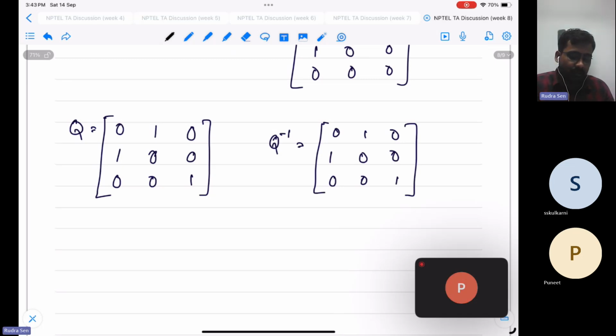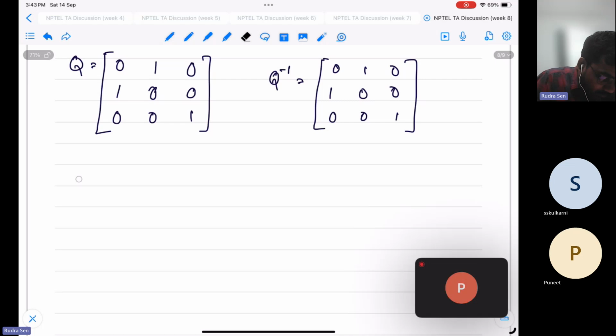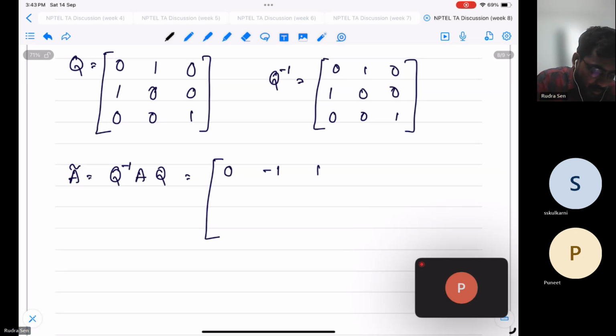Its inverse is also the same, as you can see. So now we have to find the similar matrix, which is Q inverse A Q, which makes the matrix basically this part: 0 minus 1 1 1 2.